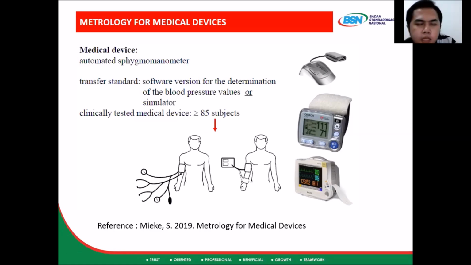It must be a doctor or trained person to determine the correct sound, and then compare with the simulator or the NIBP.